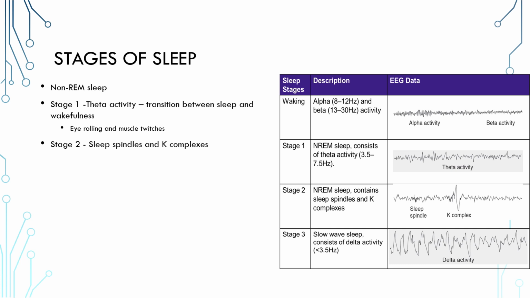Stage 2 sleep in the EEG readout, so again, this is measuring brain activity, right? In stage 2, we're seeing what are called sleep spindles and K complexes. So what you'll see here, for example, is a K complex. You'll see the activity go way up and then drop way down.